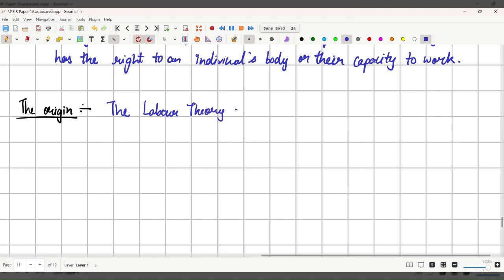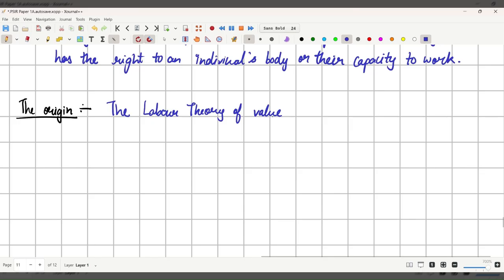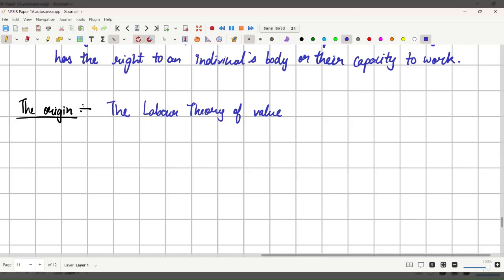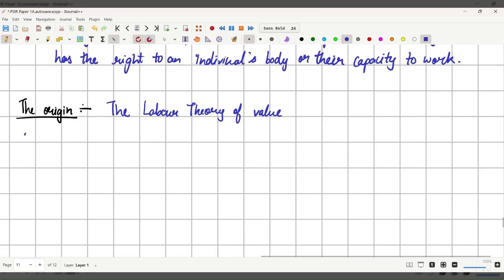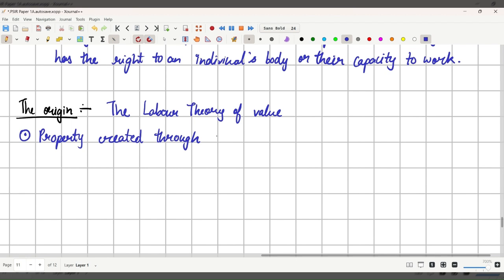Locke argues that property is created through labor.